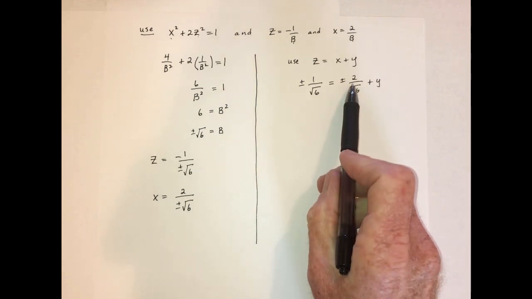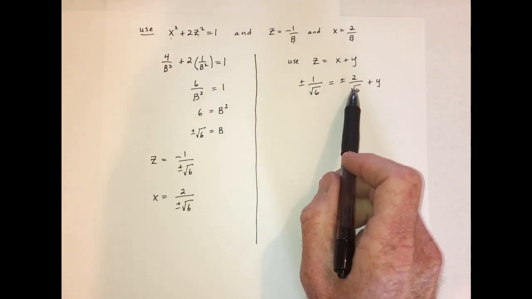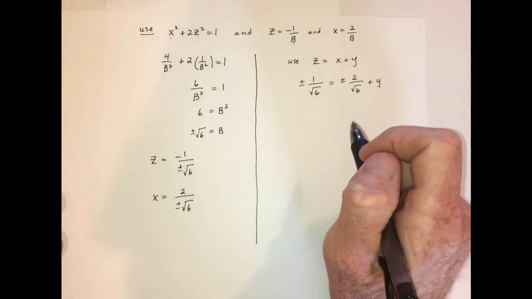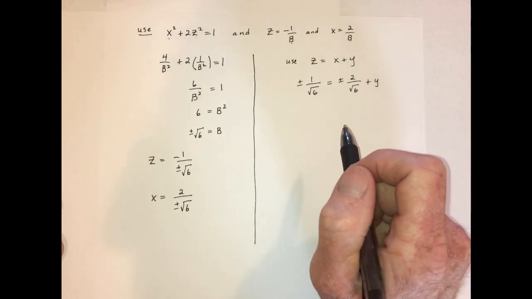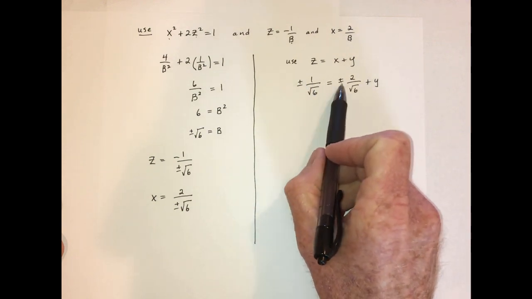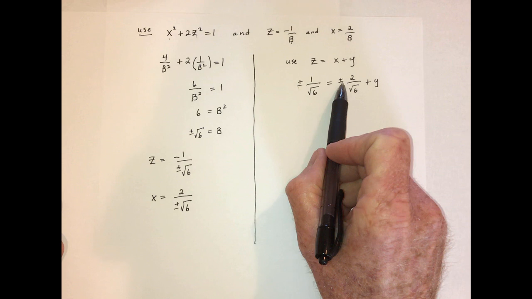And then subtract this from both sides. So then it's going to be 1 over square root of 6 minus, so, oh boy, actually, there's going to be 4 answers because we have to do plus, plus, plus, minus, minus, minus, and minus, plus.